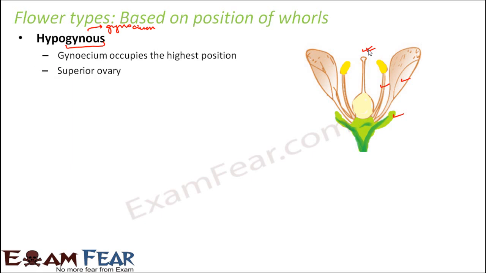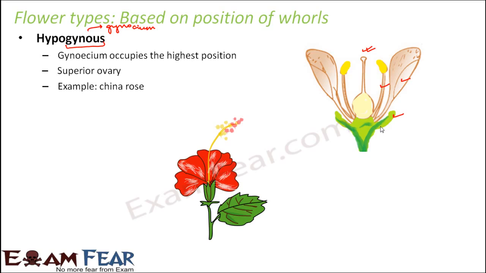So this kind of flower is said to have a superior ovary. Superior means something which is above. So ovary is superior with respect to all other whorls. So example of a hypogynous flower would be a China rose. In China rose, when compared to the other types of flowers, you can actually see the ovary if you look inside. So this is known as hypogynous.